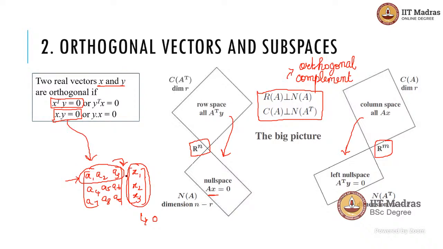There are two vectors, vector 1 and vector 2. Now I'm multiplying this row vector, this is for a matrix, and the dot product of vector 1 and vector 2 is equal to 0.